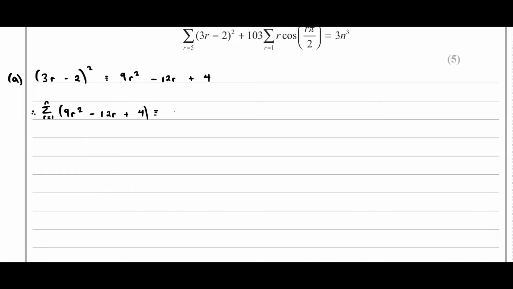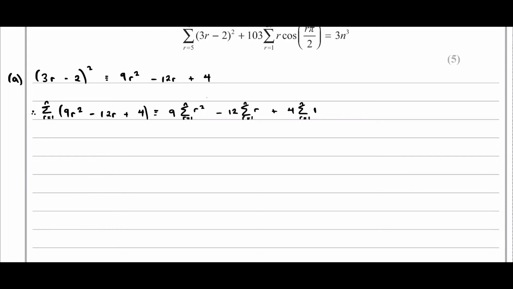And this is equivalent to 9 lots of the sum from r equals 1 to n of r squared minus 12 lots of the sum from r equals 1 to n of r plus 4 lots of the sum from r equals 1 to n of 1.